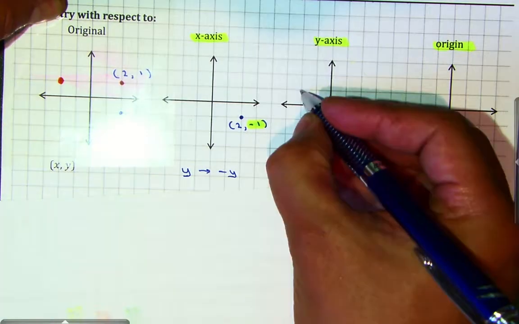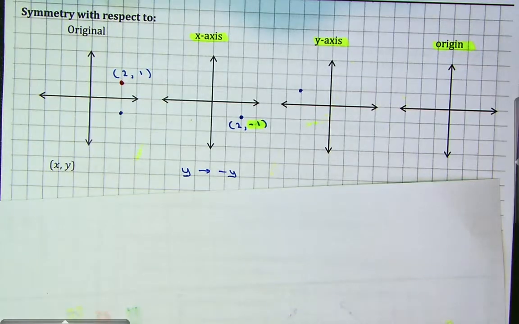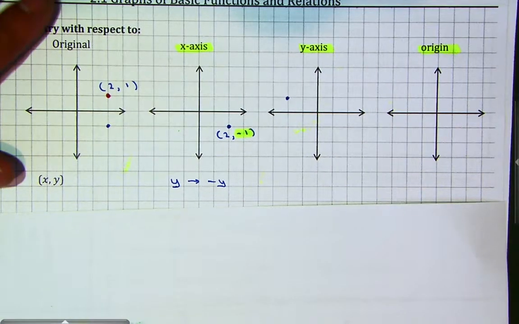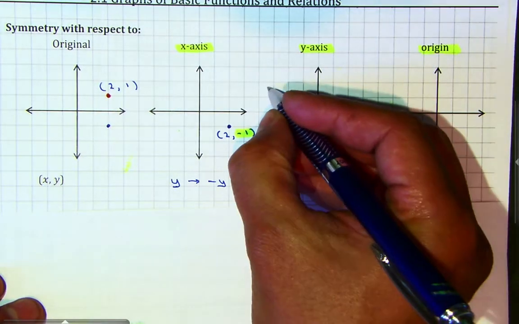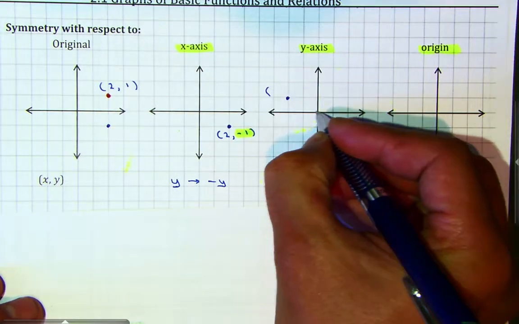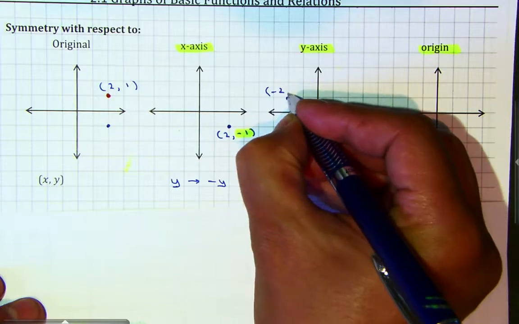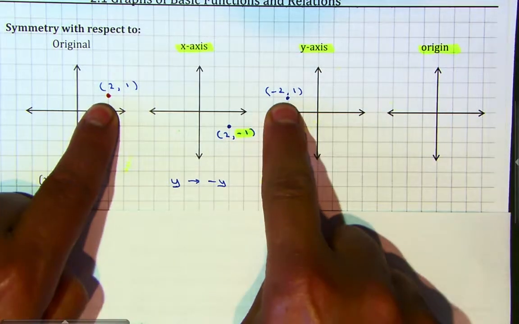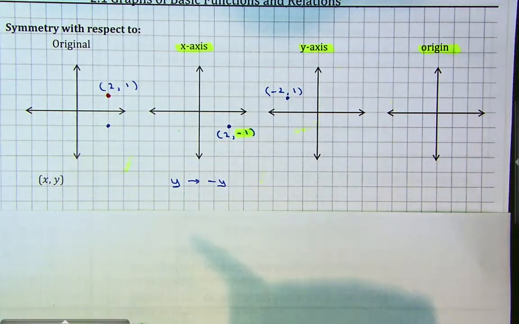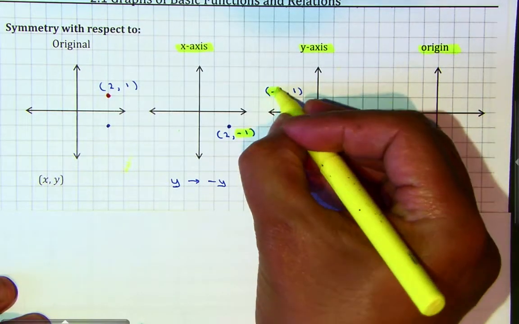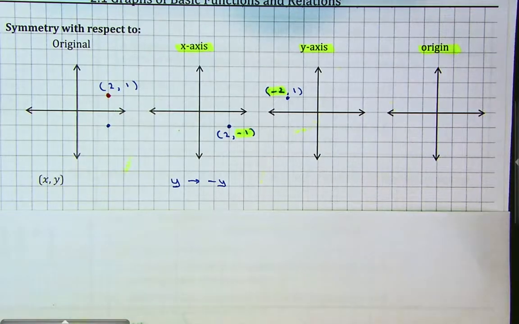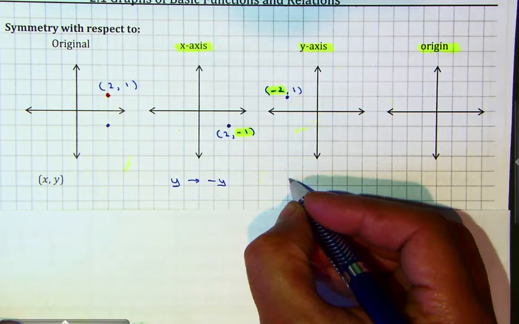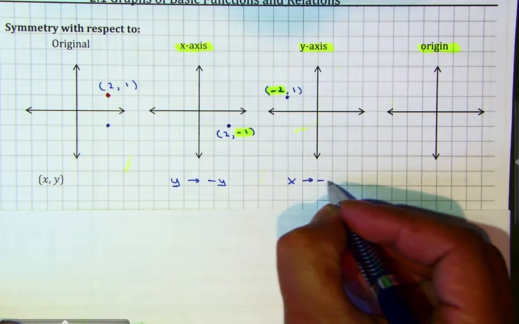So the new location, once I reflect it, is going to be -2 and up 1. Therefore, what changed? Correct, the x value. It used to be +2, now it's -2. So when reflected with respect to the y-axis, you change your x, and it becomes -x.